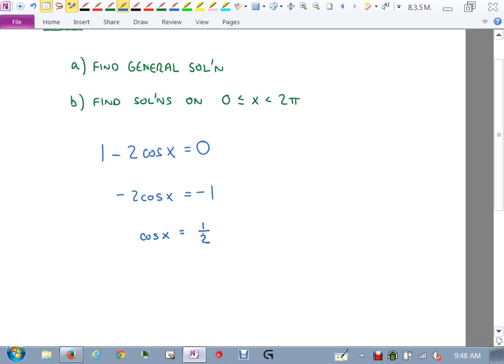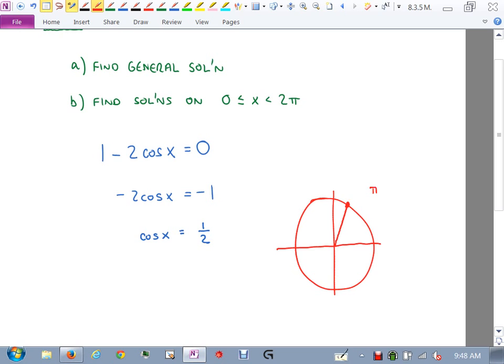So now I ask myself, where is the cosine function 1/2? So I go to the unit circle. Cosine is which coordinate? It's the x coordinate, right? So where is cosine 1/2? 60 degrees, so up here, right?